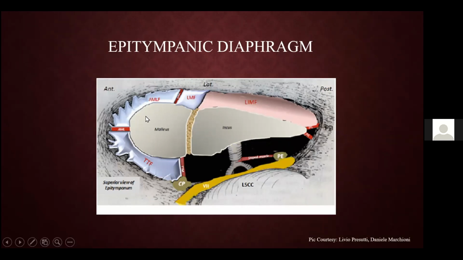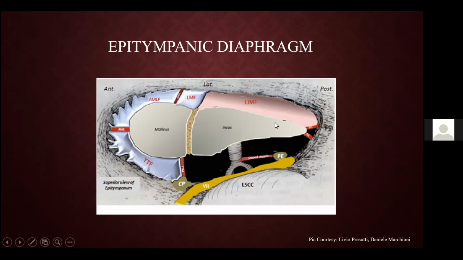It is formed mainly by the two major bones, the malleus head and the incus body, and the short process of the incus, and various ligaments and folds like the anterior malleal ligament anteriorly, anterior malleal ligamental fold, lateral malleal fold, lateral incudomalleal fold on the lateral aspect, posteriorly the posterior incudal ligament, and on the medial aspect, the tensor tympani fold and the tensor tympani muscle.